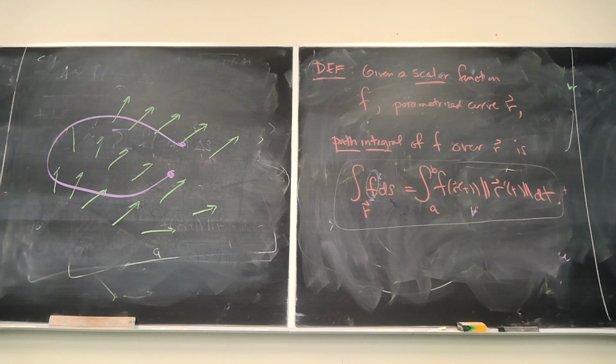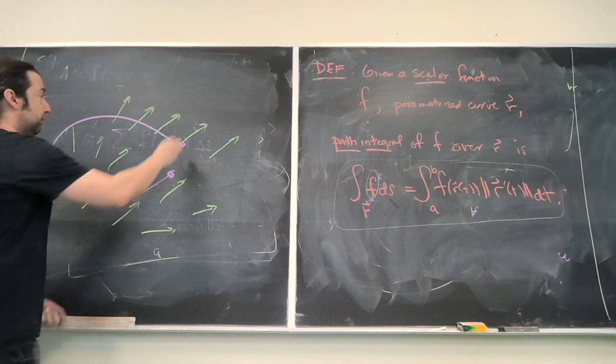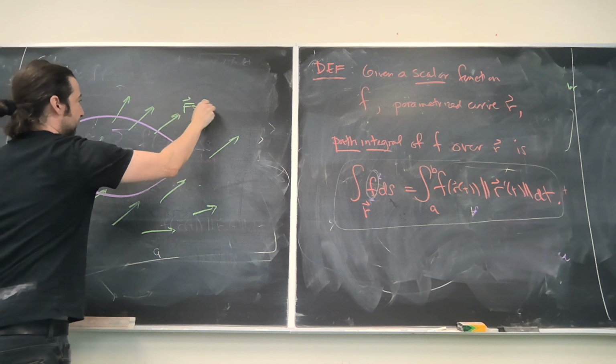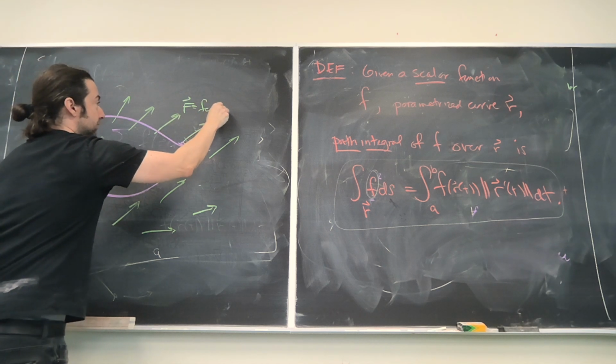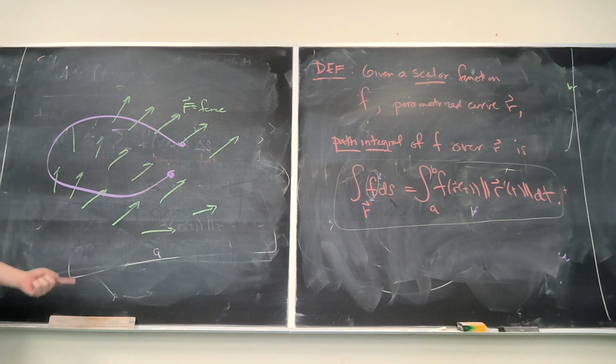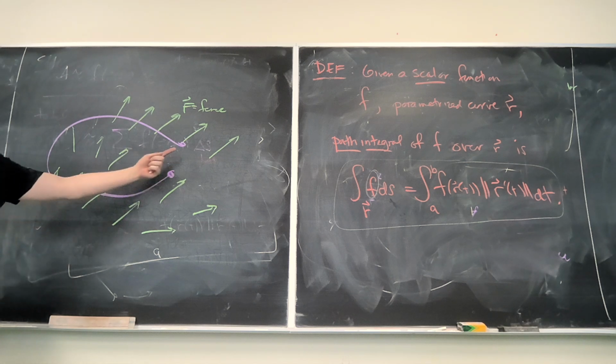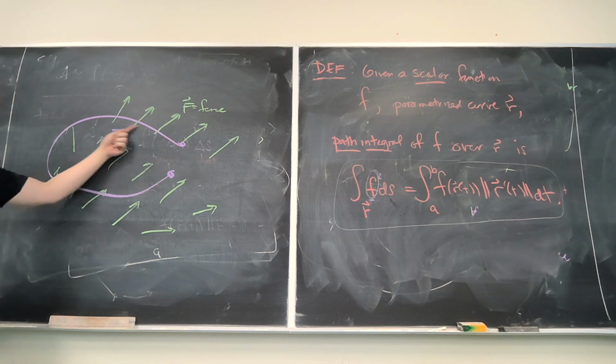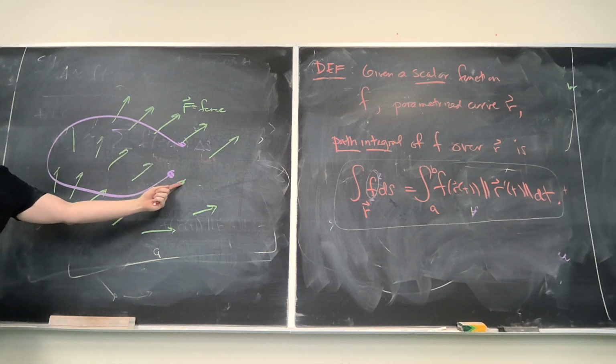I could ask, how much work was done? If you imagine that this is a force field, so these are all forces, F is equal to force, how much work was done moving the particle through the force field from that position along this path until you got back here? That is the basic question that we're going to try to answer in the next section of this chapter.